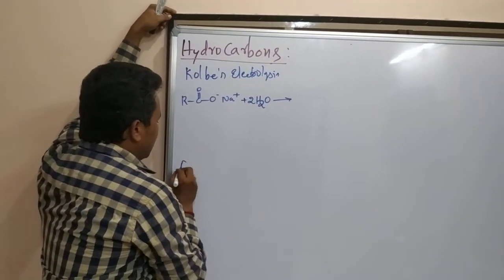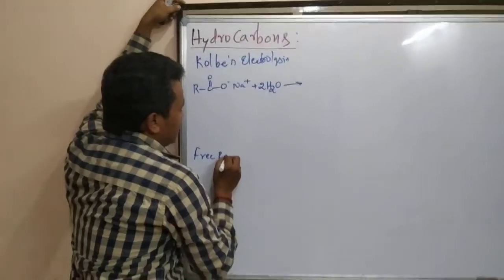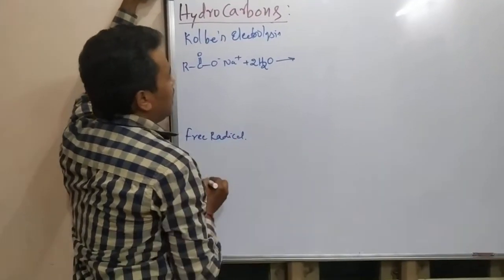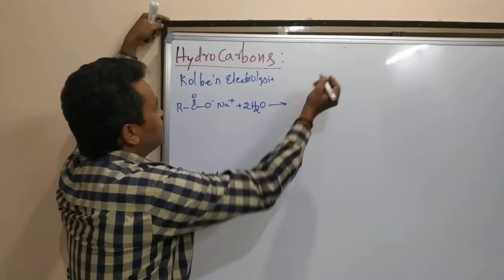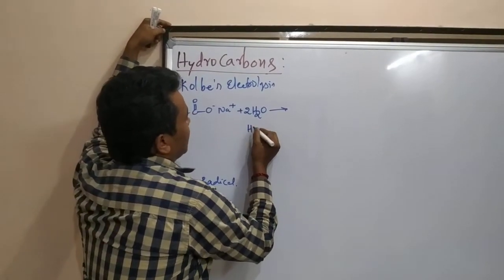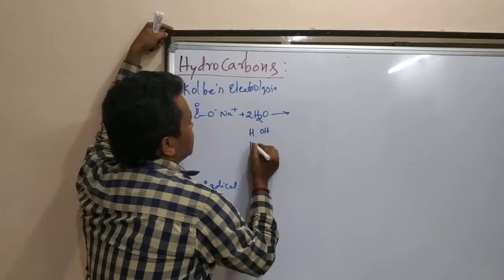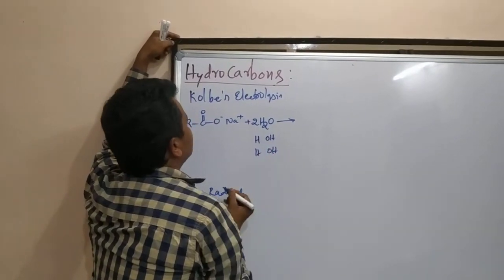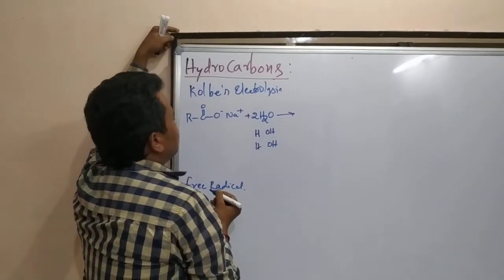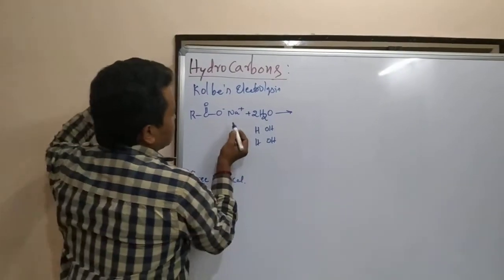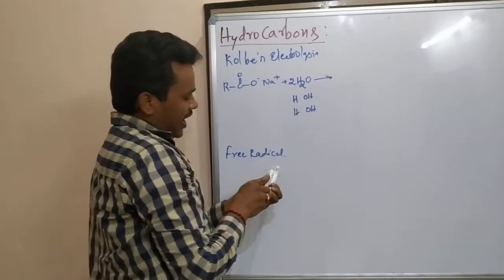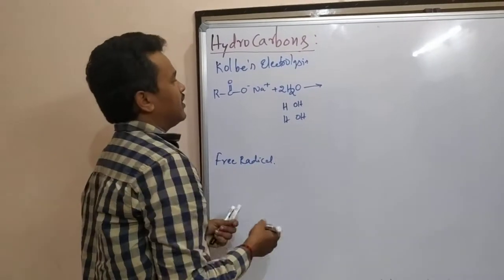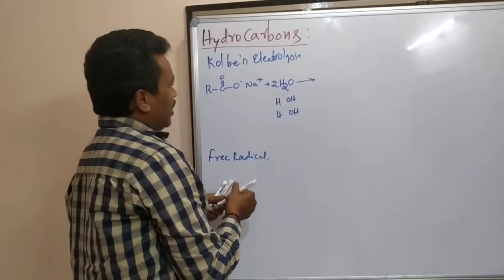This is a free radical mechanism involving free radicals. I am writing H, OH, H, OH and arranging them to show how they involve the cathode and anode.